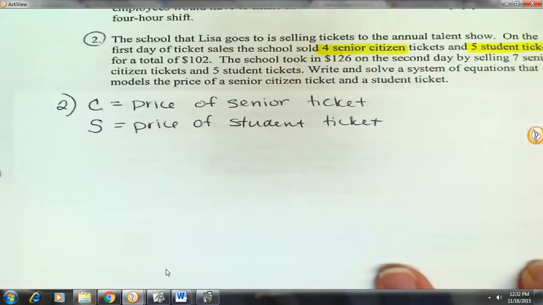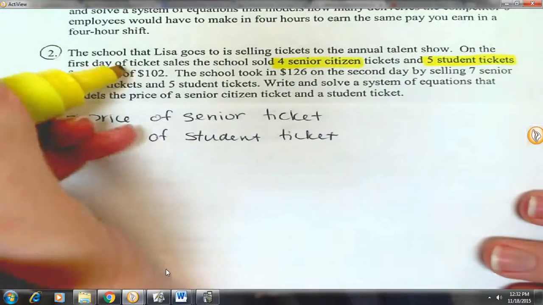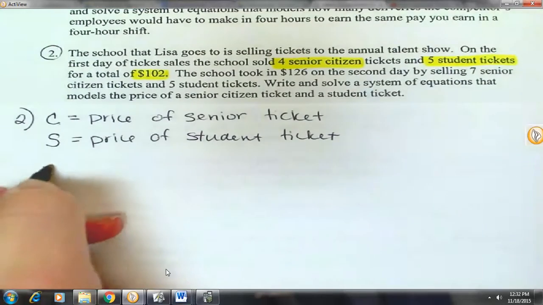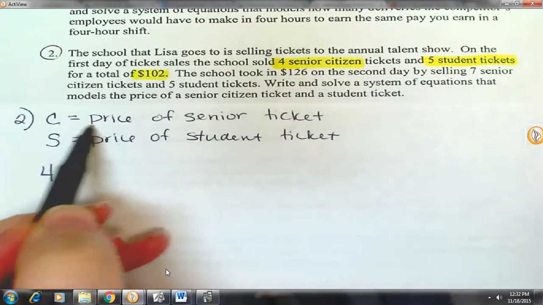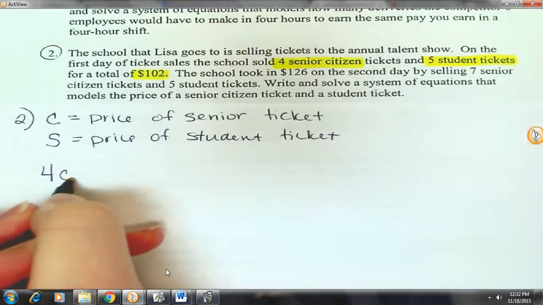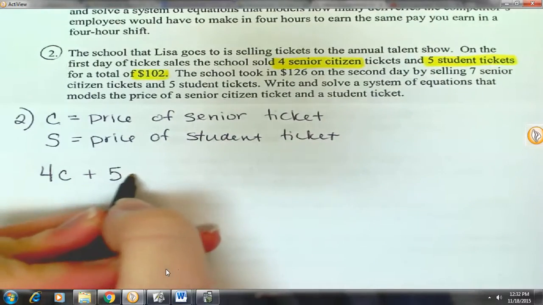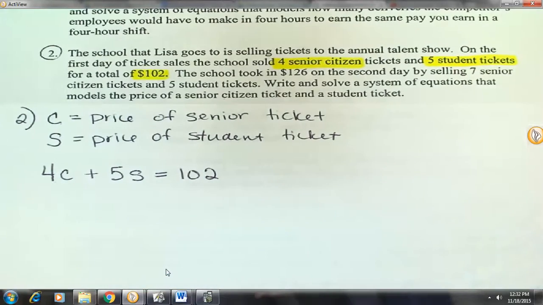So with that information, we could create one of our equations. We also know that they brought in a total of $102 that day. So 4 senior tickets, and the price of a senior citizen ticket we don't know, that's C, so 4C, plus there were 5 student tickets that were sold, so 5S, for a total of $102.